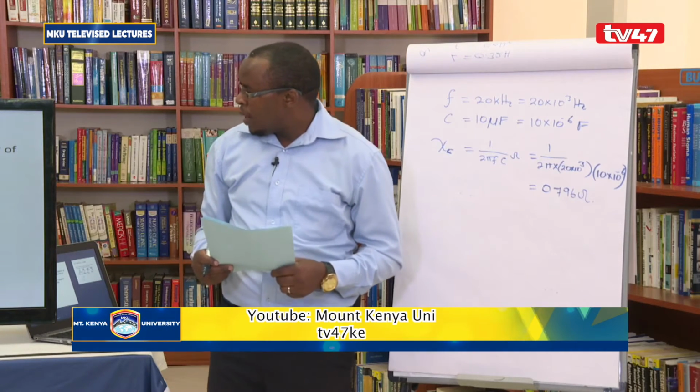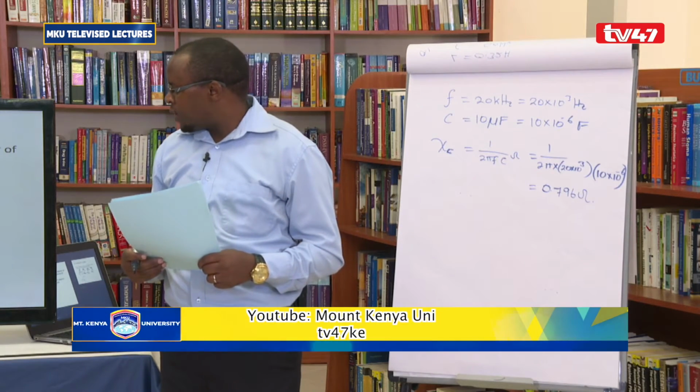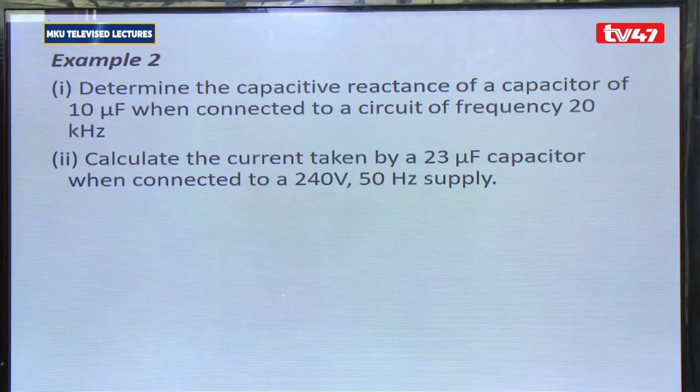Then part 2, you have been told to calculate the current taken by a 23 microfarad capacitor when connected to a 240 volts 50 hertz supply.